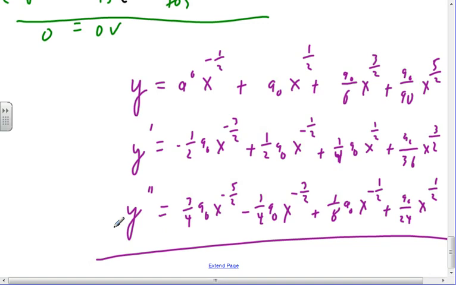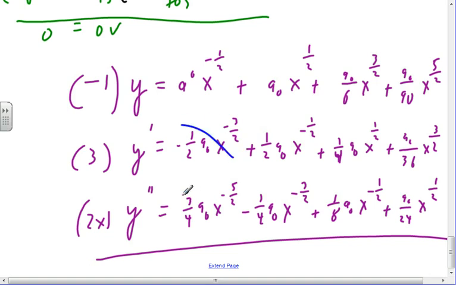Okay, now I want 2x of him. I want 3 of him. I want minus 1 of him. Okay, so I'm looking at the x to the minus 3/2 term. I have 3/2 plus 3/2, so that term goes away.